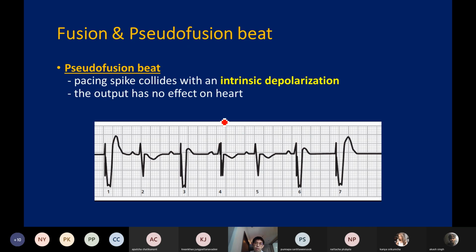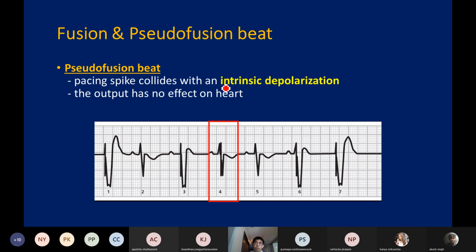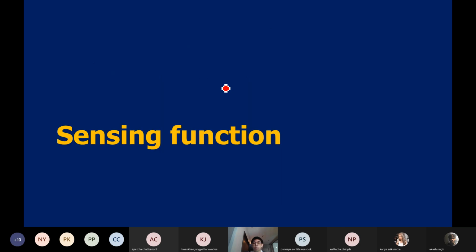Only the pace spike is on the QRS complex. Everyone clear about these terms? Okay, if there's no question, I would go further to the sensing function.